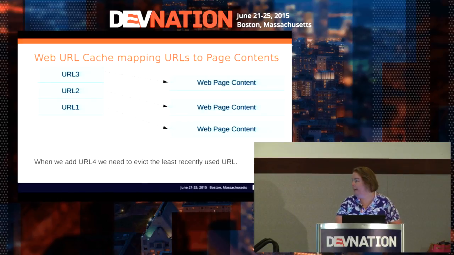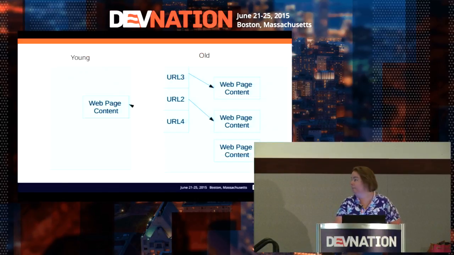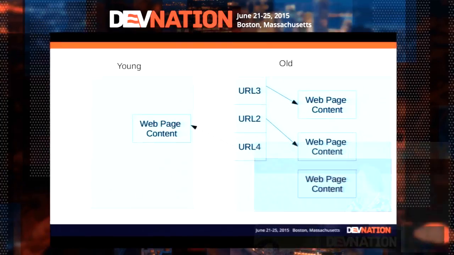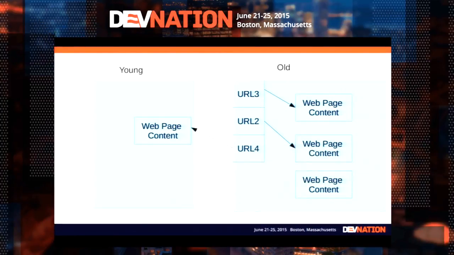So when we add URL 4, we end up evicting URL 1. What this looks like in a generational collector is you've added URL 4 to the old generation because that's where your hash table is. But all of the web page content is allocated in the young generation. That's going to get copied from Eden to FromSpace, from FromSpace to ToSpace, and eventually promoted.